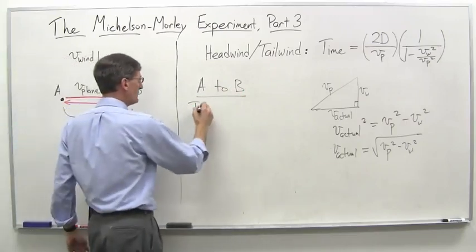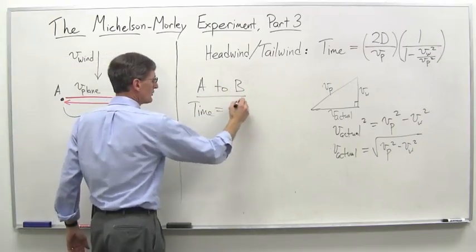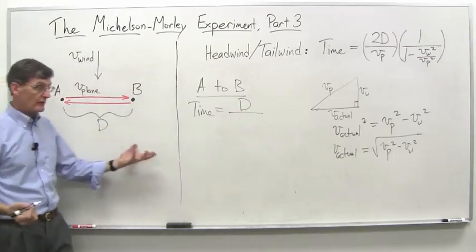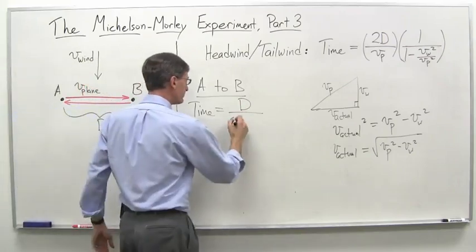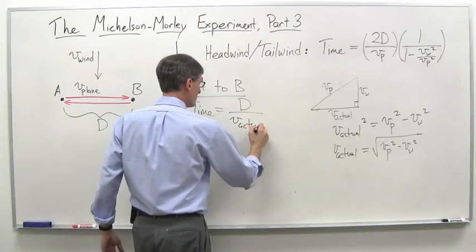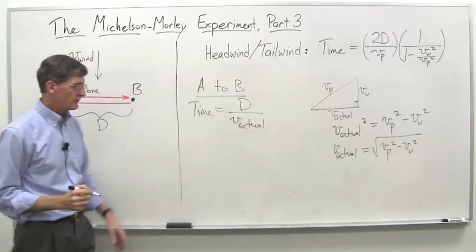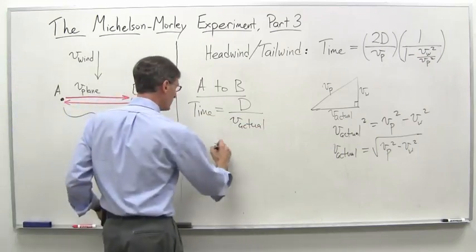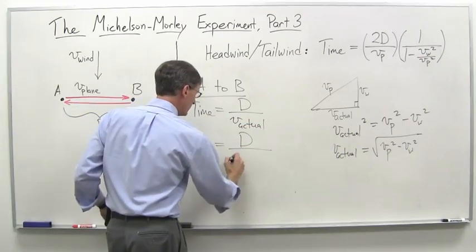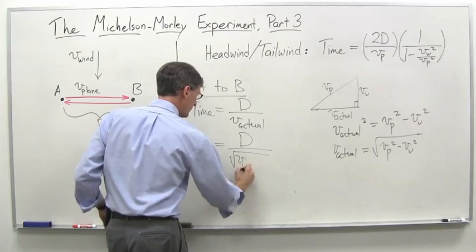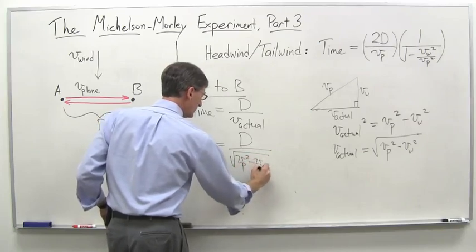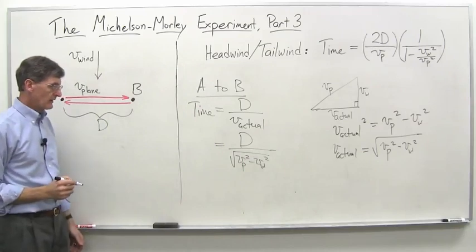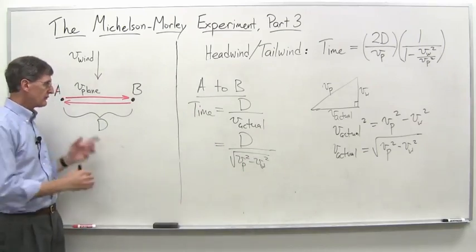So time taken is going to be the distance simply divided by the net velocity in this case, which is V actual. And V actual we just discovered was the square root of Vp squared minus Vw squared. So this becomes D divided by the square root of Vp squared minus Vw squared. And that's from A to B.